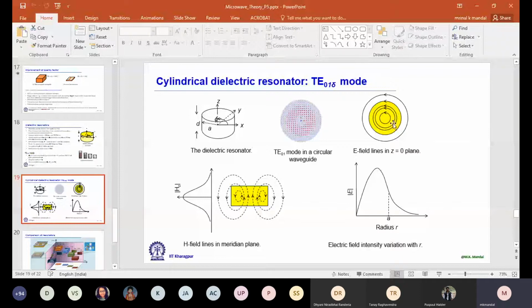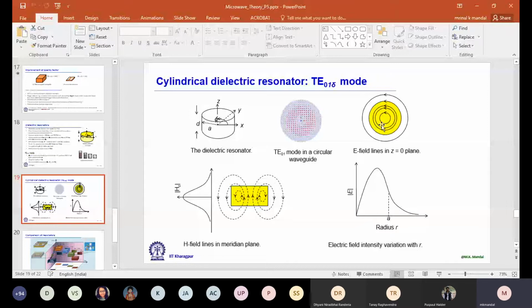If you look at the electric field distribution carefully, along the axis of the cylinder we don't have any significant component of electric field. But for the next higher order mode, it is just the opposite. We have maximum electric field concentration along the axis, the center.